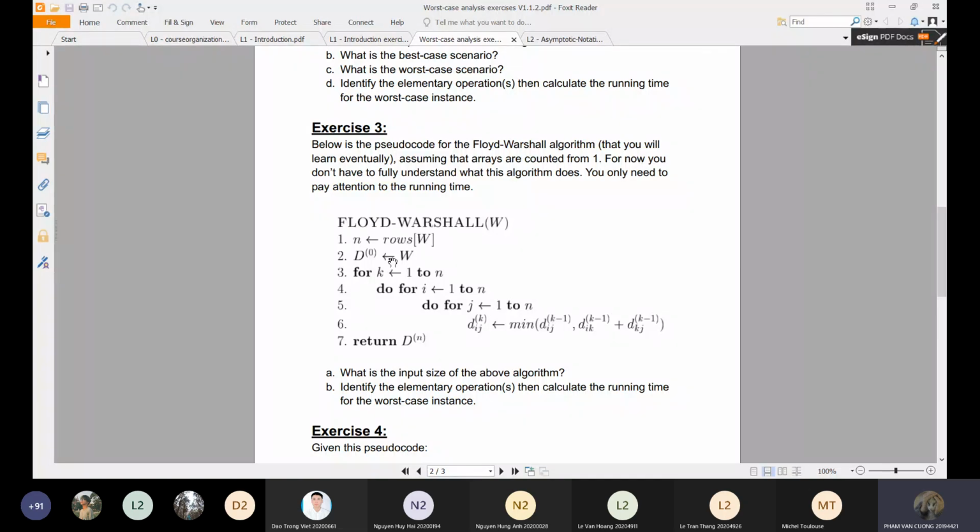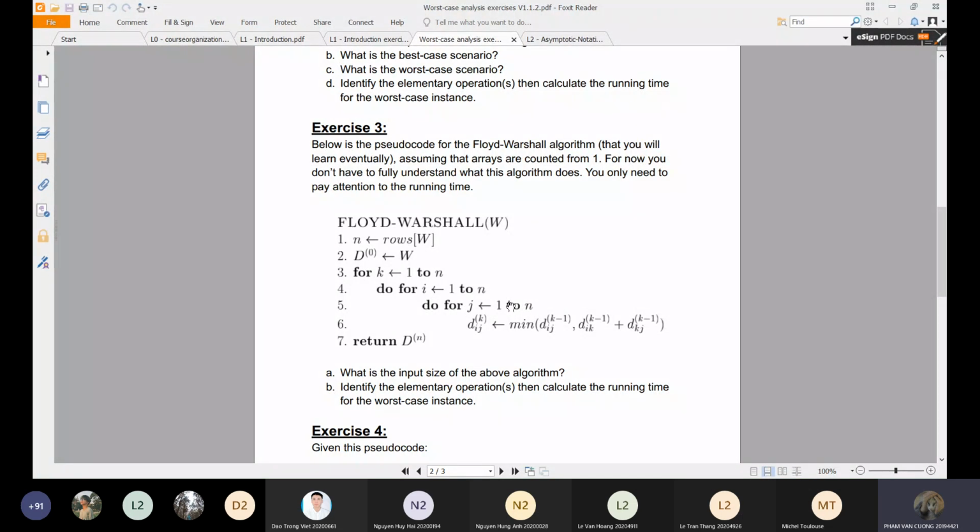So there are 3 nested for loops here. The last one here, j from 1 to n. You see, it's executed the first n times from j from 1 to n. It executes whatever is inside the for loop, but it still has to check one last time when j is equal to n plus 1.